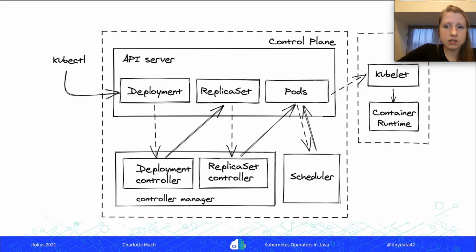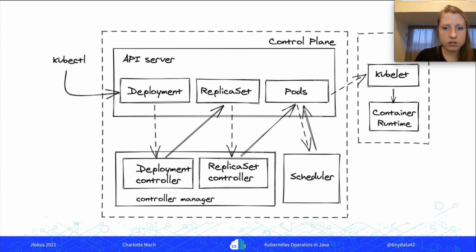Well, in this case, actually a kubectl command that creates a deployment. The kubectl talks to the API server, and in our case, we're actually leaving out the etcd as the data plane, the data store in the back, and just pretend like it's just the API server and it knows about the different resources. So we create a deployment resource in the API server that sends an event out.